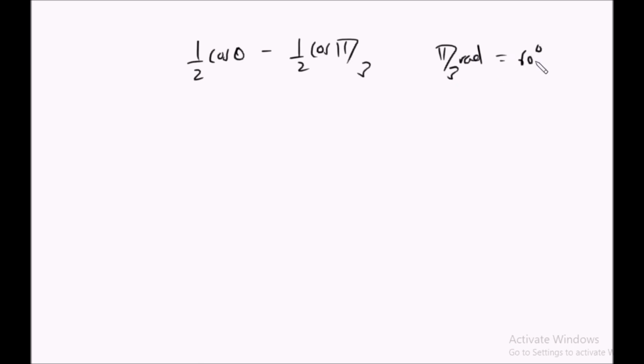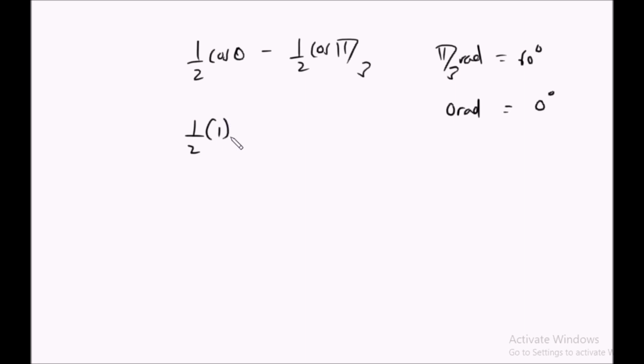So we have half cos 0 minus half cos pi over 3. Pi over 3 radians is equal to 60 degrees, while 0 radians is equal to 0 degrees. So cos of 0 is 1.